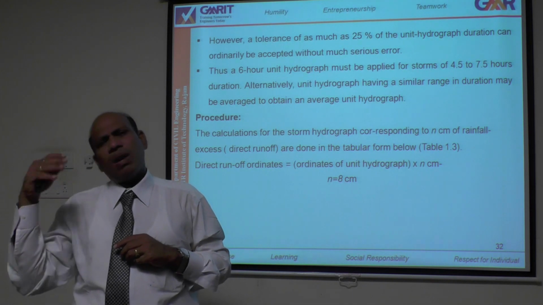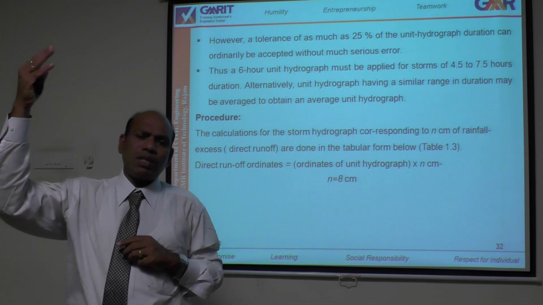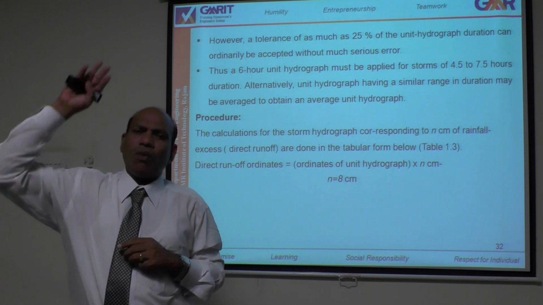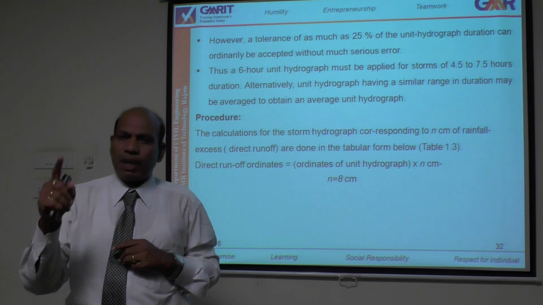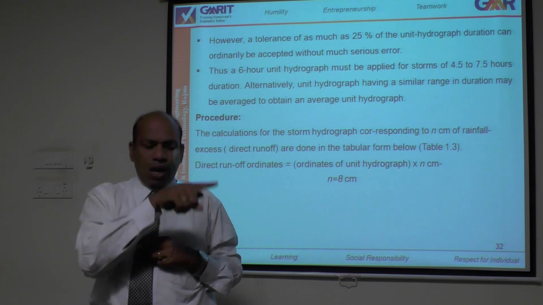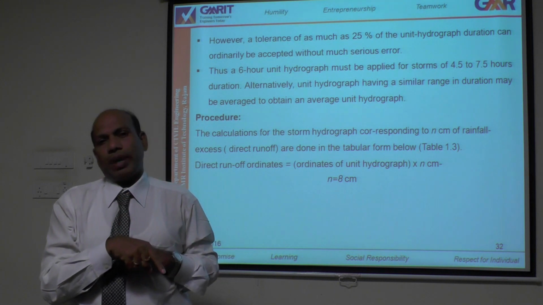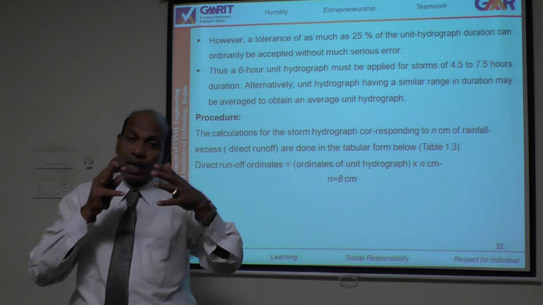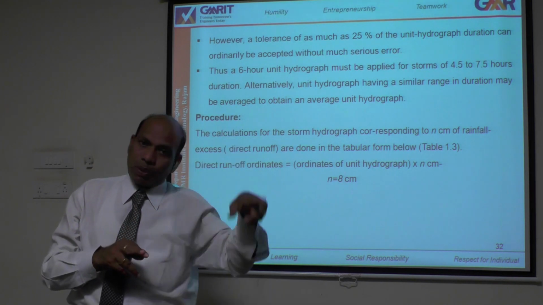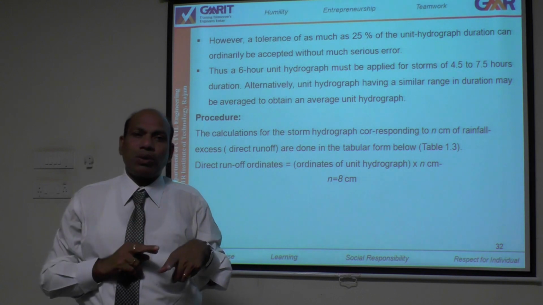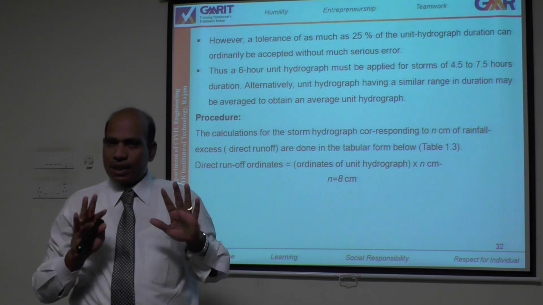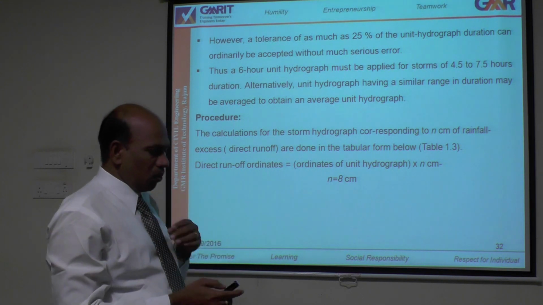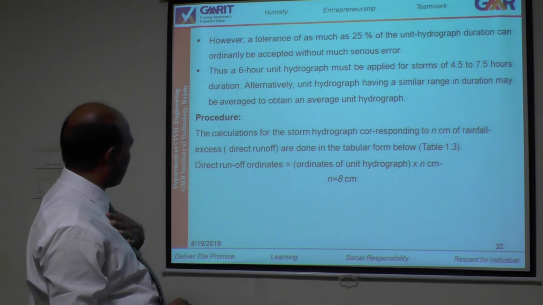That may vary: 5 centimeters, 6 centimeters, 8 centimeters, 4 centimeters, whatever the rainfall excess, but we get the corresponding direct runoff ordinates. This is the formula for the construction of direct runoff ordinates. Then direct runoff ordinates plus base flow give the storm hydrograph ordinates. Right? Is it clear?